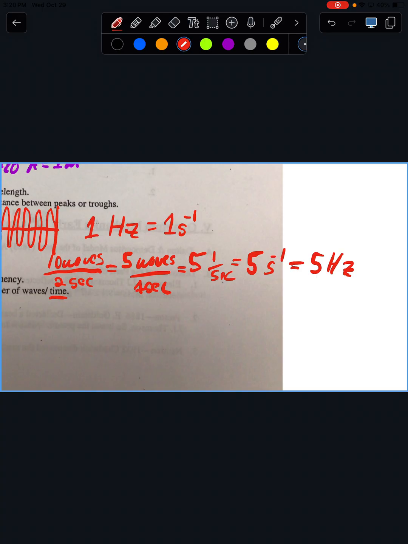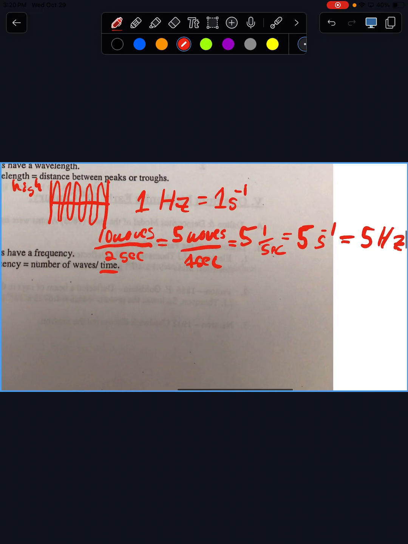They all mean the same thing. Textbooks are not very explicit about that. Frequency is not the speed of the wave, okay?